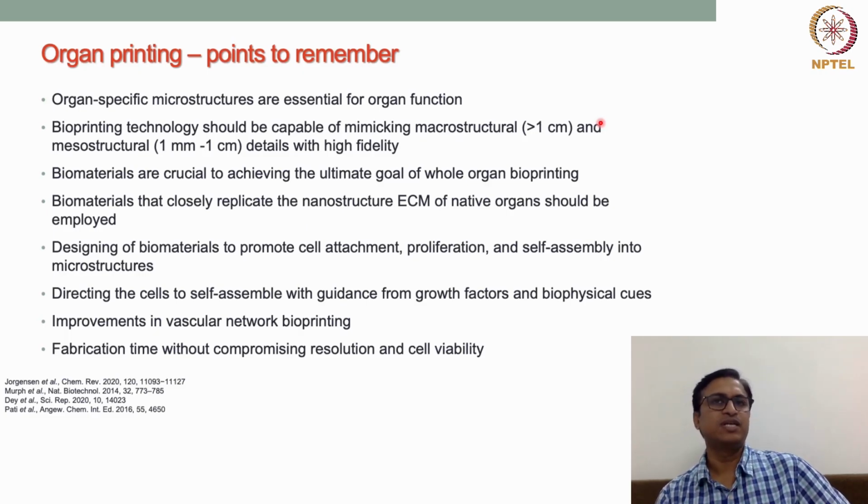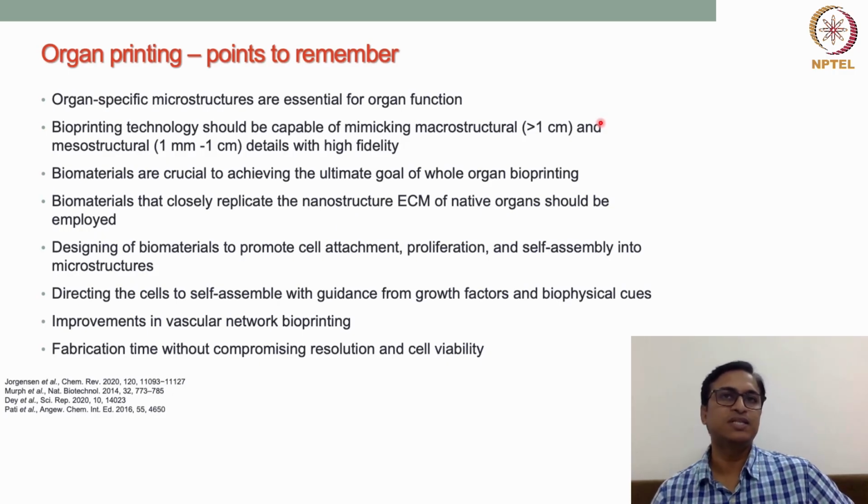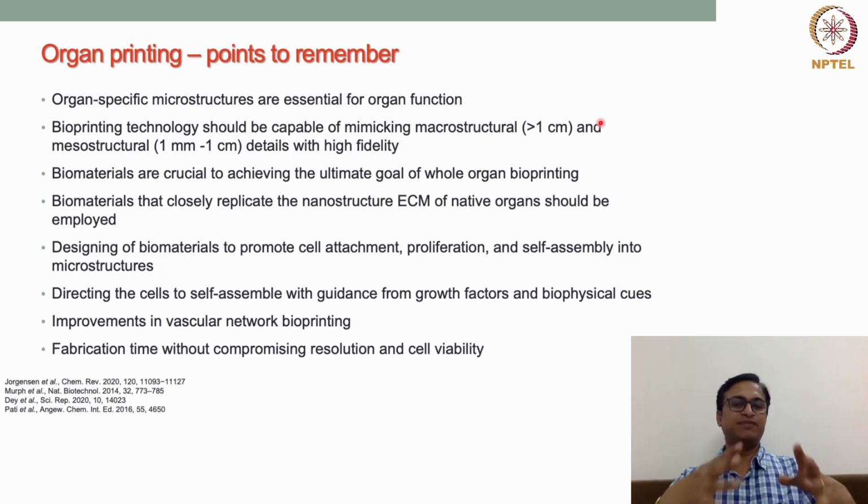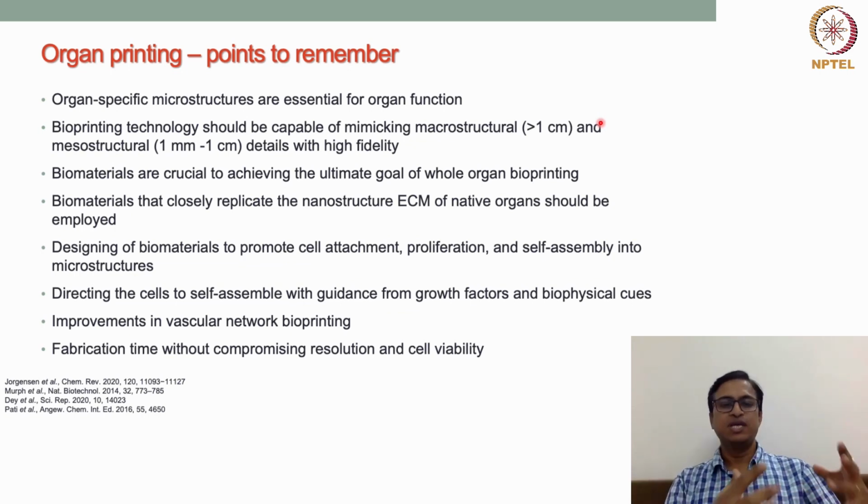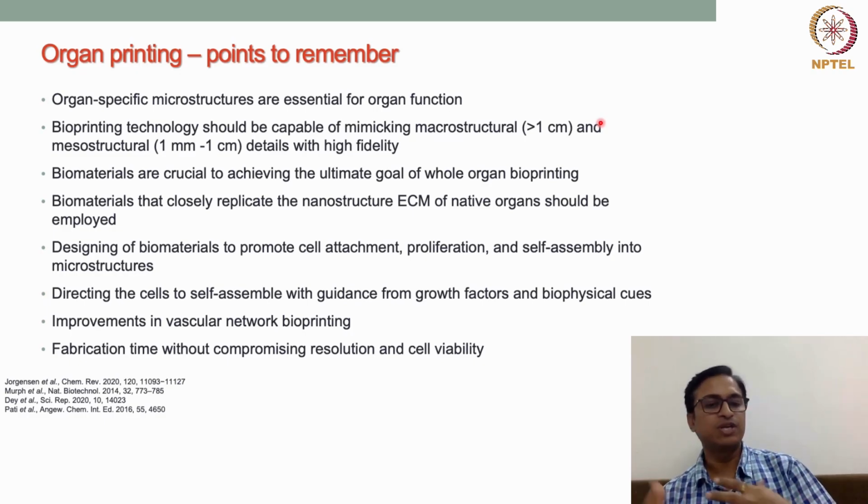Some amount of study already exists in this domain of vascular network bioprinting, but how do we improve it so that we can print a vascular tree exactly mimicking the native vascular tree in a bioprinted construct? Then only can we supply the cells, so that cells can survive in the bioprinted construct and tissue function can be established.